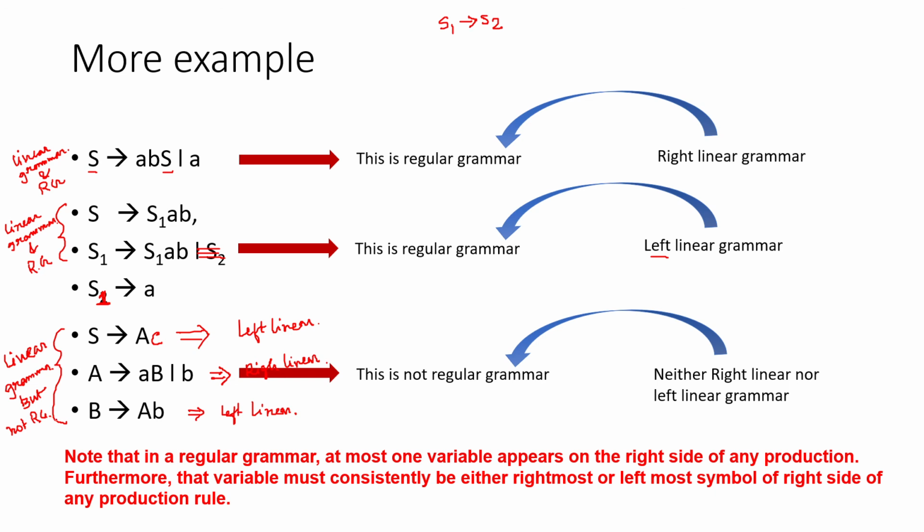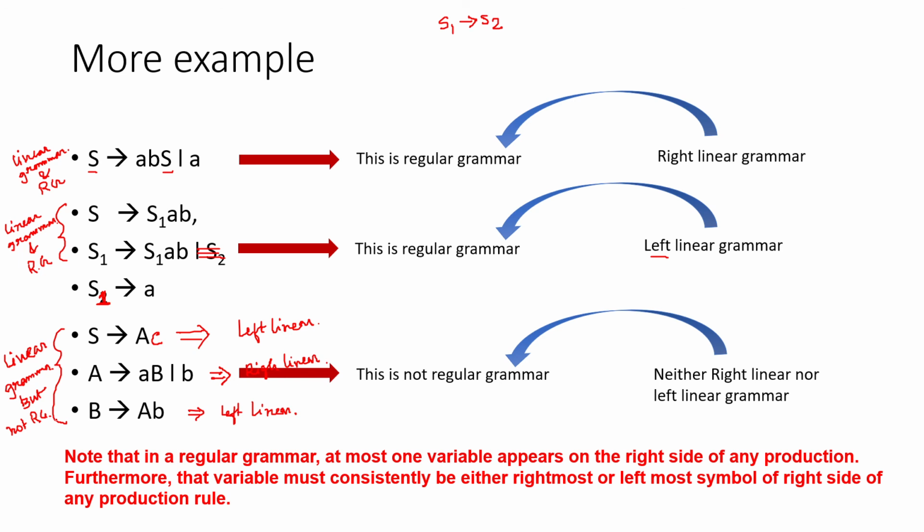So what I have seen from this example is that all regular grammars are linear. If a grammar is regular grammar, that means surely it is a linear grammar. But if I say that I have a grammar which is linear grammar, it doesn't guarantee that grammar will be regular.